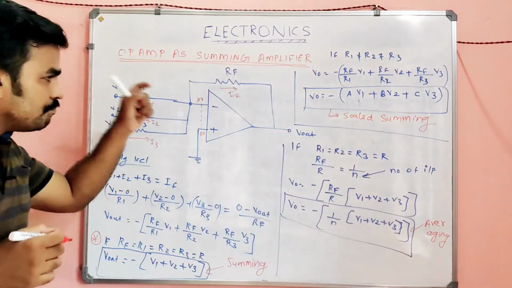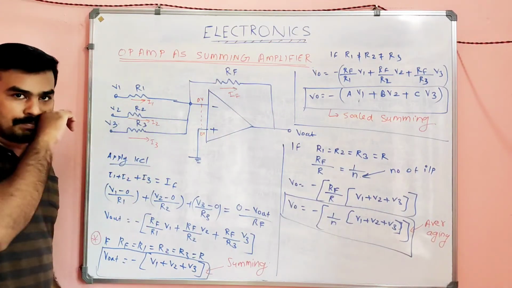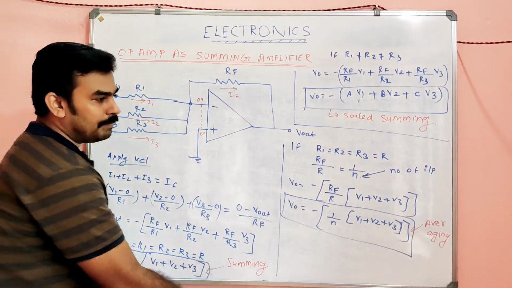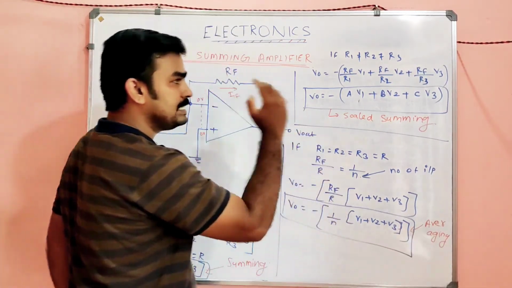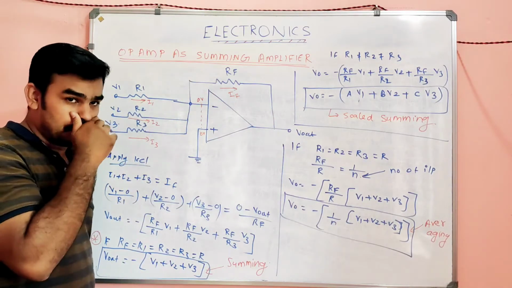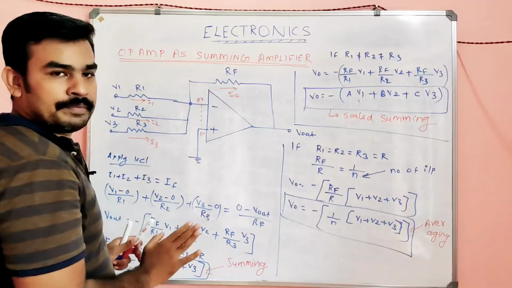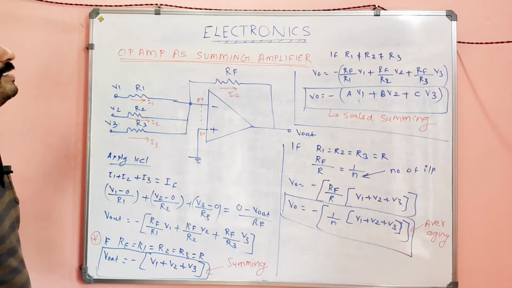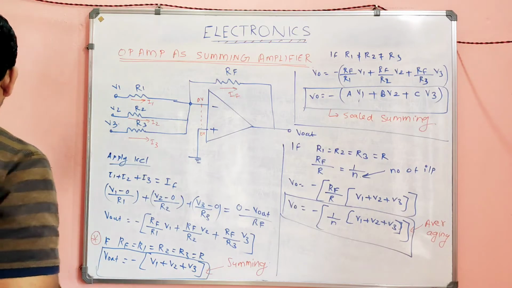So by using this simple single circuit, my dears, you can make simple summing, averaging and scaled summing also. That much will not be asked, but anyhow you should be familiar with this circuit. So that's all about the summing amplifier.